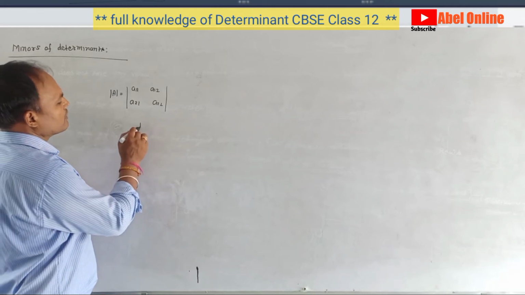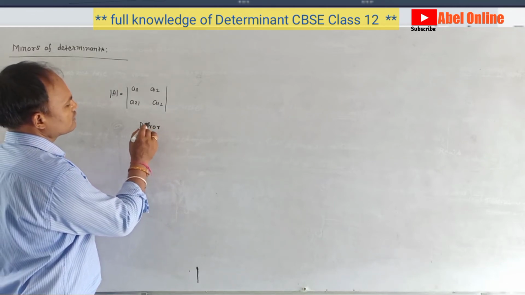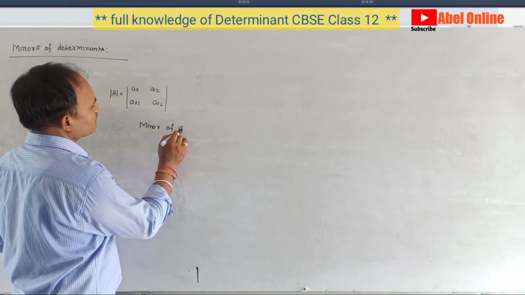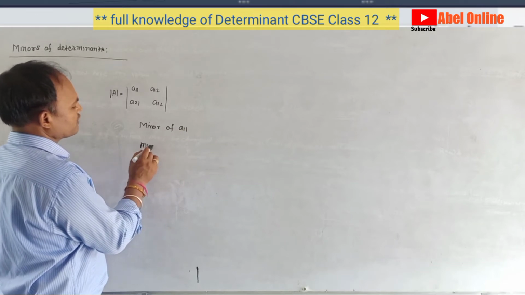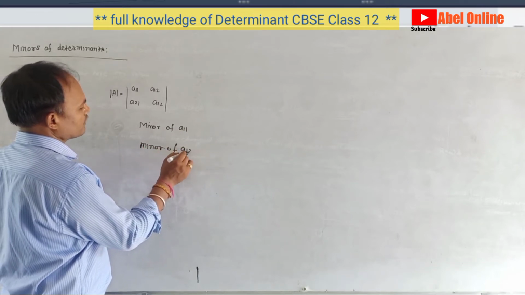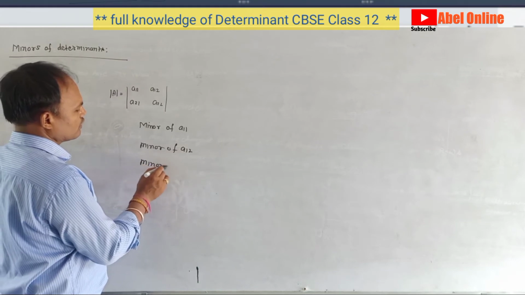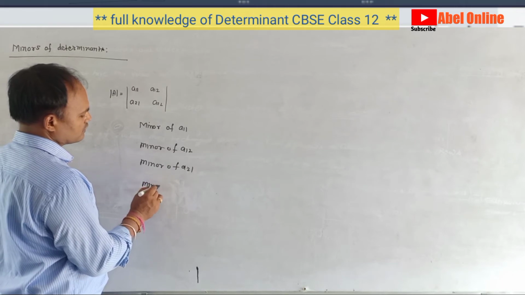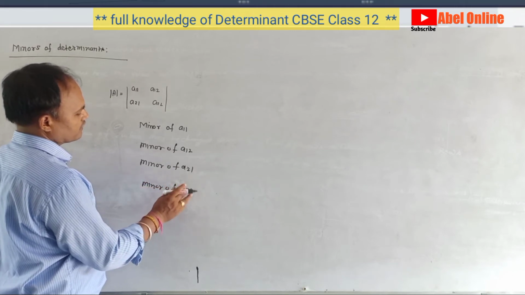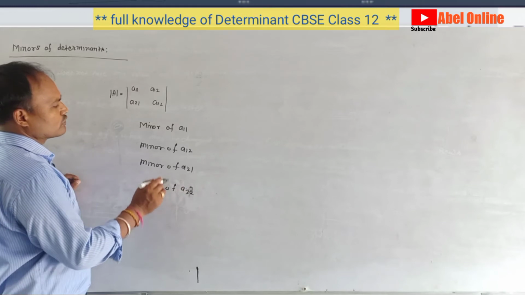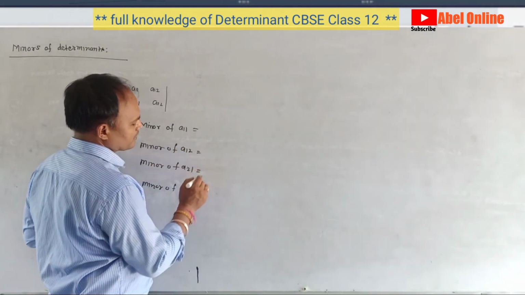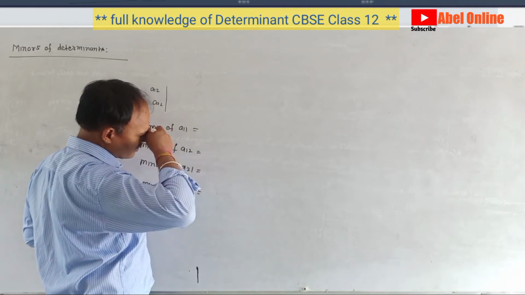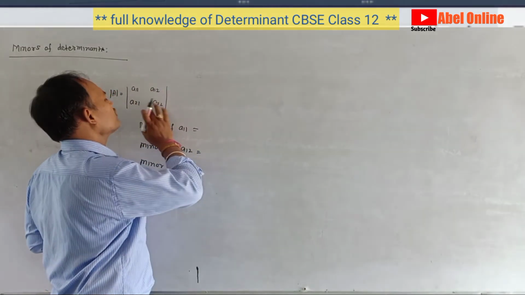Always remember that we have to find the minor for every element. So minor of A11, minor of A12, minor of A21, minor of A22. The elements are A11, A12, A21, A22.